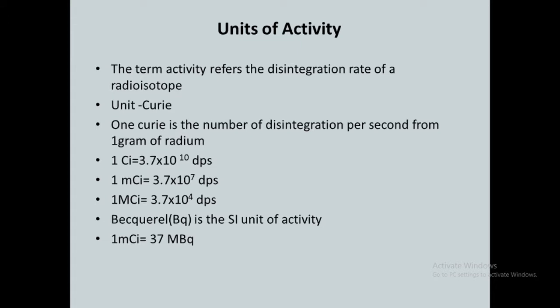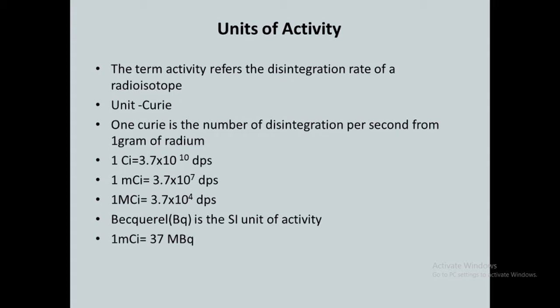Next is about the units of activity. Smaller units such as millicurie and microcurie are also used to measure activity. So 1 curie equals 3.7 into 10 raised to 10 disintegration per second.